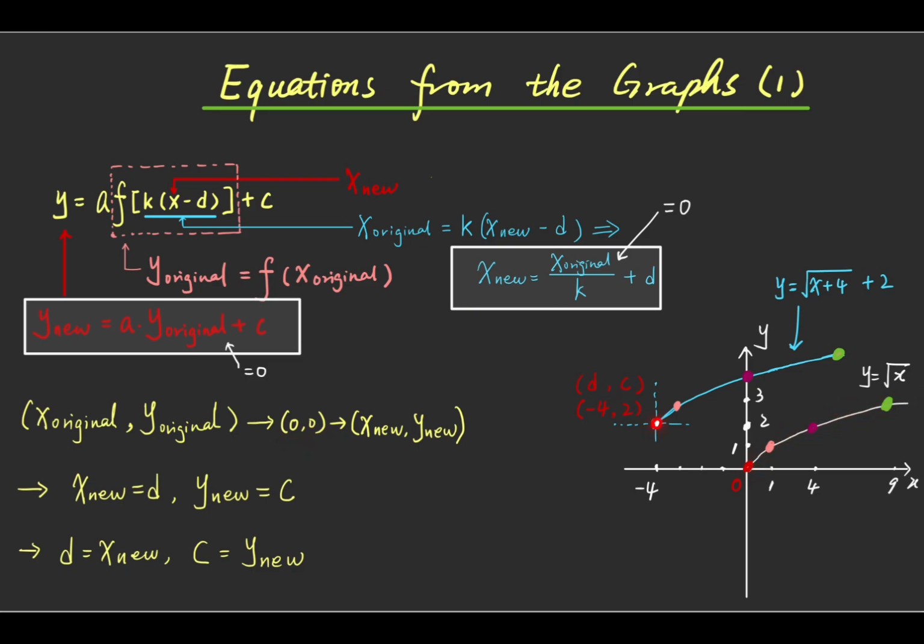And this is the corresponding transformed point for this region. It's quite significant because if you can figure out this point's coordinates, you will be able to figure out parameters d and c. This is the formula.